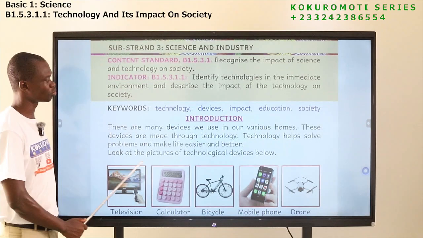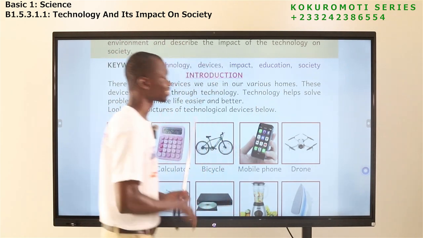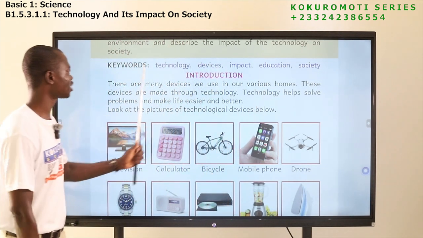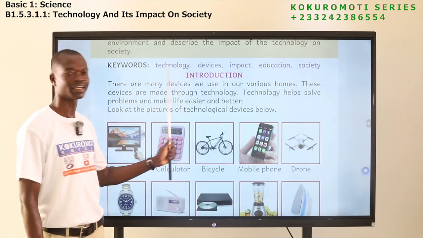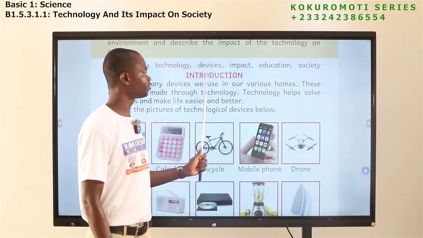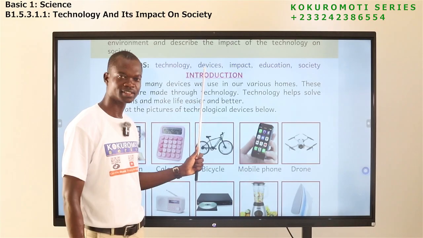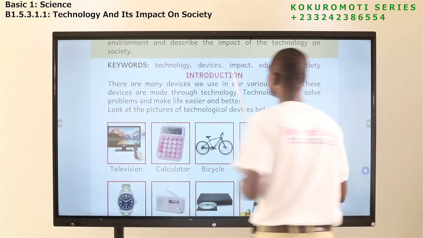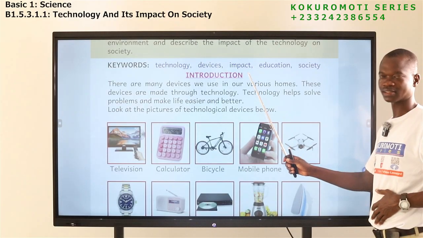Okay, so what are the key words? These are the words that we will see in today's lesson. The first one is technology. The second one is devices. We have impact.